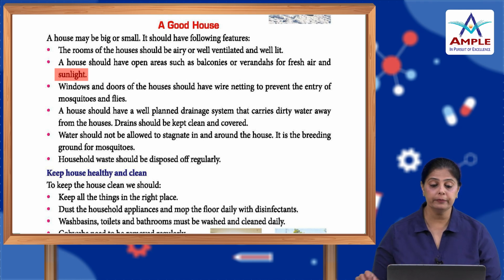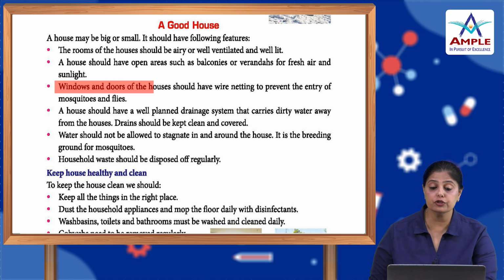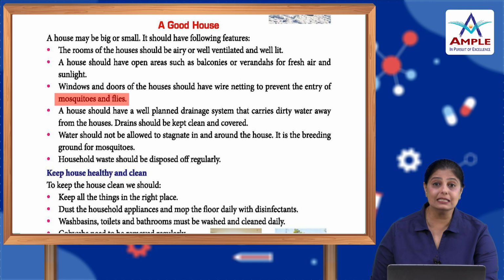Now windows and doors of the houses should have wire netting to prevent the entry of mosquitoes and flies. As you all know, mosquitoes and flies are the carriers of different types of diseases, because they sit outside on the garbage, on gutters and open drainages, and they carry different types of germs with them inside our house.